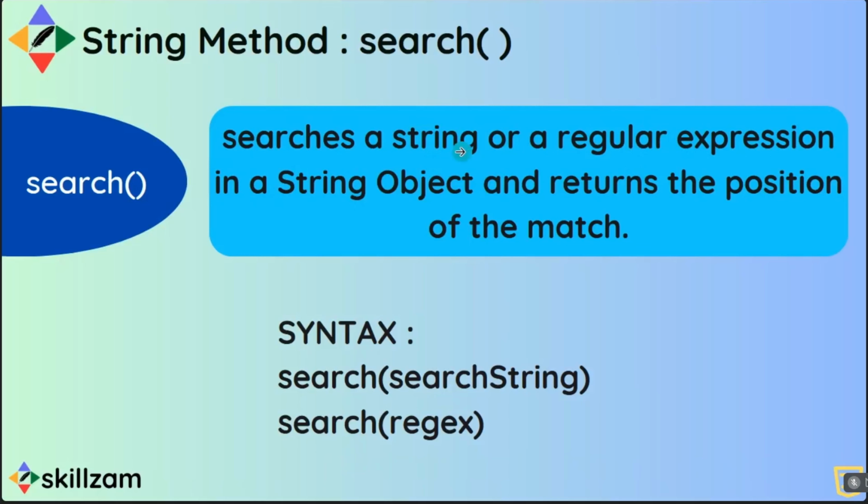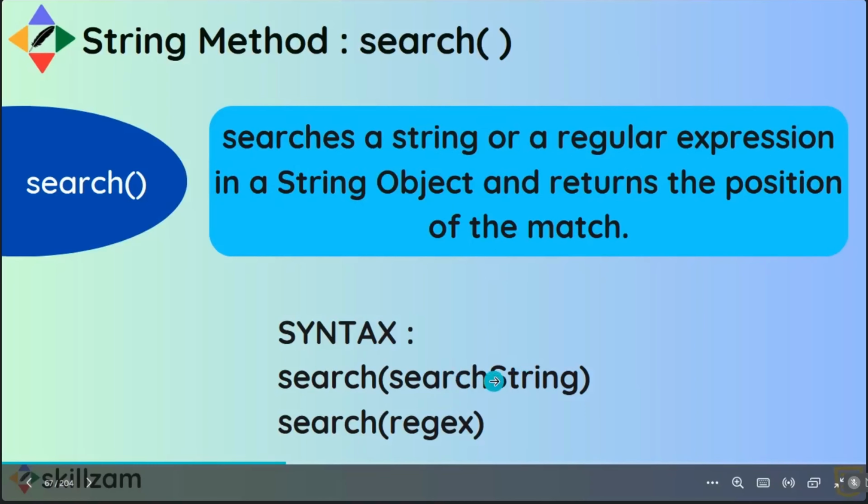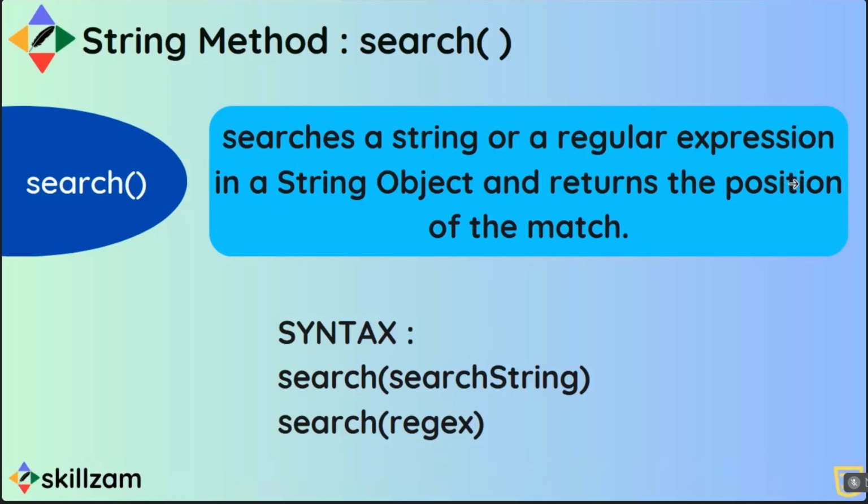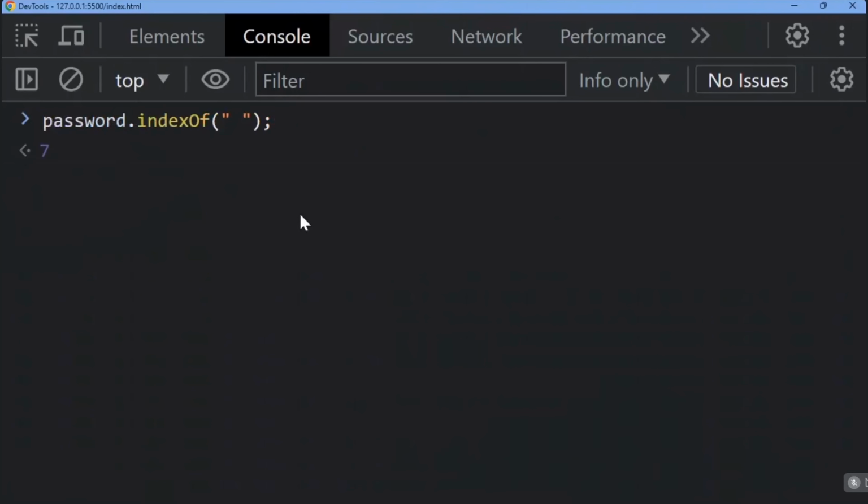So it searches a string or a regular expression in a string object and returns the position of the match. All right. So what is the syntax we have? The syntax is search, and inside that you can give the search string, what string you are searching for, or you can give the regex, which is nothing but a regular expression. Now with that being said, let's check a good example. Let me clear this up. I'll say academy. Now I want to search whether ZAM exists in academy.